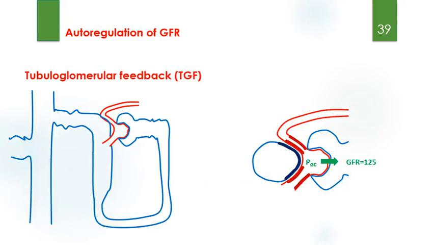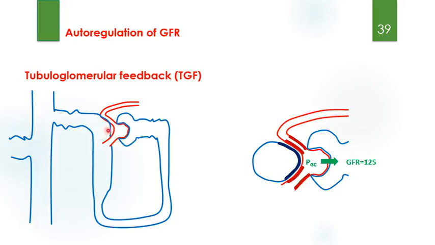The most important autoregulatory mechanism to maintain GFR in its normal range is the tubuloglomerular feedback. Considering the structure of the nephron and its relation with the afferent arteriole, glomerular capillary, and efferent arteriole, you know that the initial portion of the distal tubule passes between the afferent and efferent arterioles in close proximity with the glomerular capillaries.